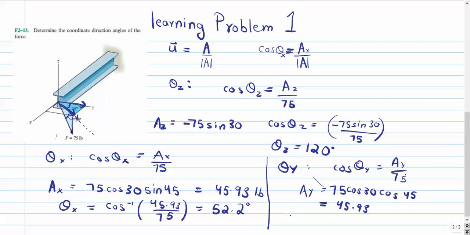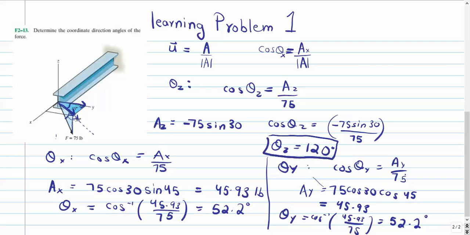And substituting this into the formula, we get theta y is equal to cos inverse of 45.93 over 75, and this gives us 52.2 degrees. So this is how we find the angles that the vector makes with each axis.